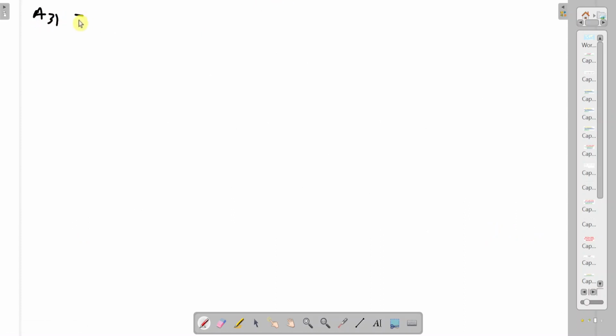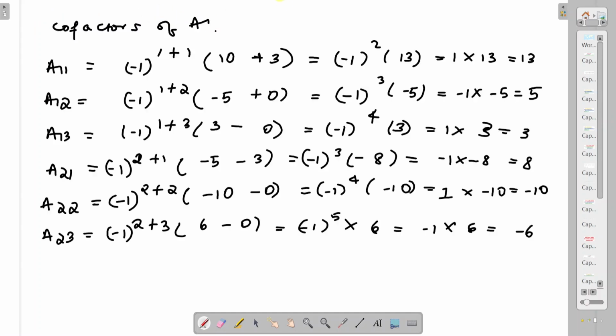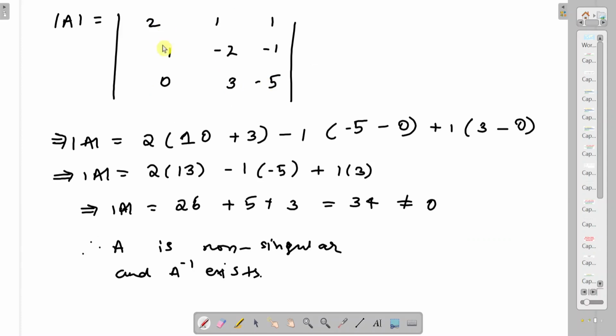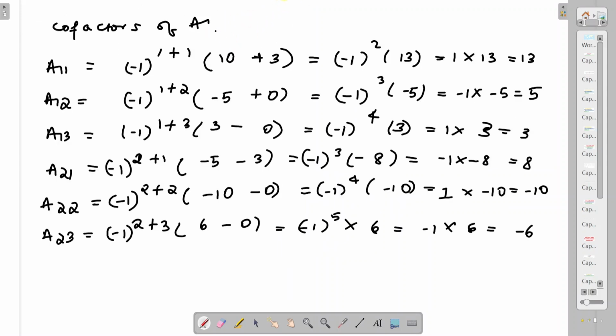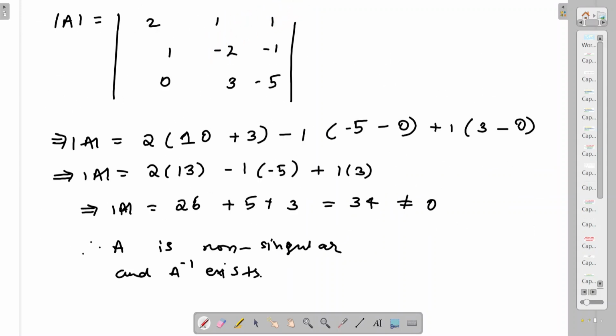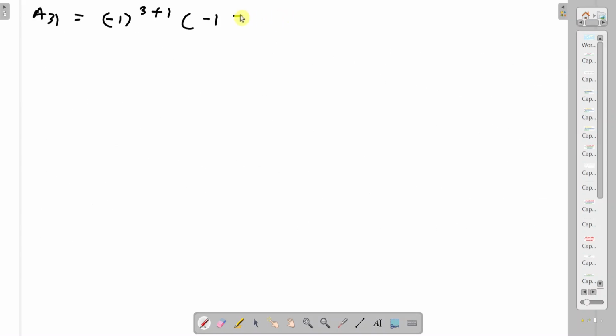So A31 will be equal to minus 1 raised to 3 plus 1 times, third row and first column we have to hide. So minus 1 times minus 1 times 1 is minus 1, and minus 2 times 1 is minus 2, but minus of minus is plus, so plus 2. So minus 1 raised to 4 times 1, which is 1 times 1, which is 1.